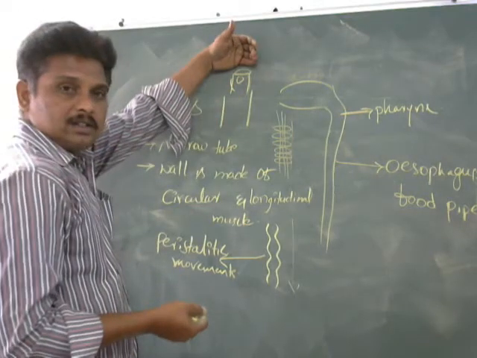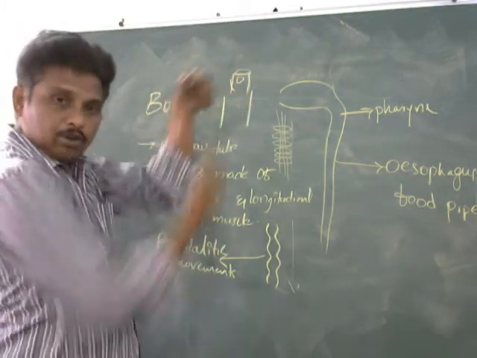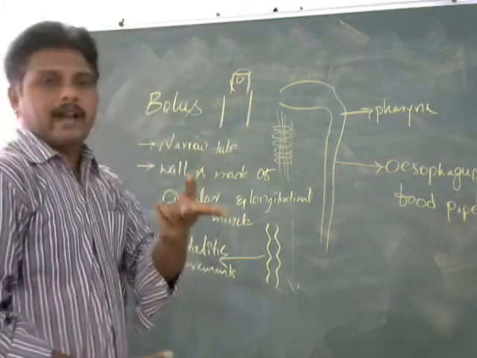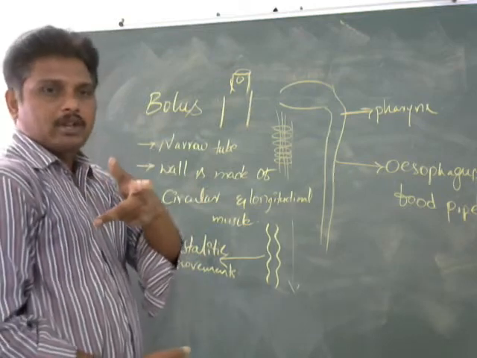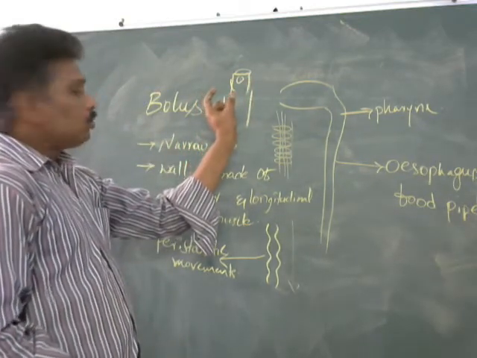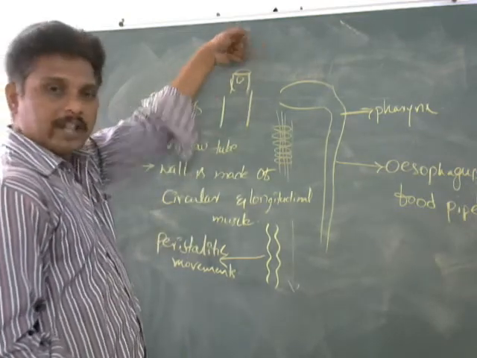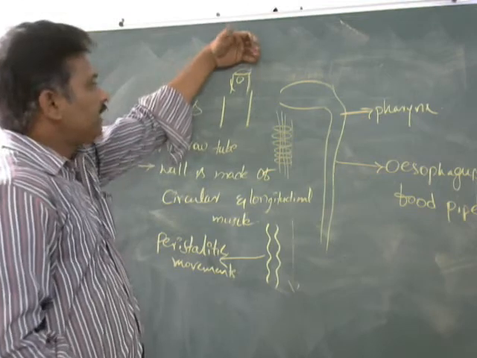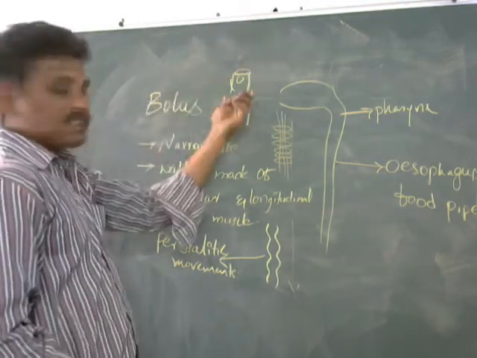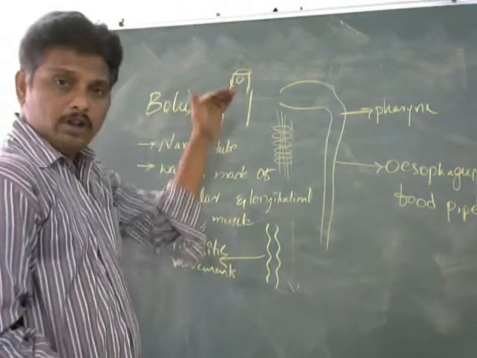Both are contractions only. So the upper side decreases in diameter, the lower side increases, and thereby the food slides down.